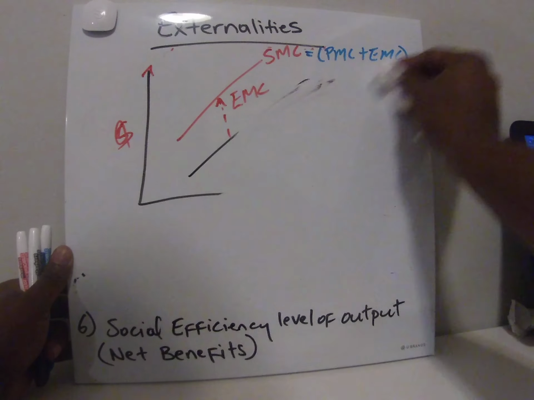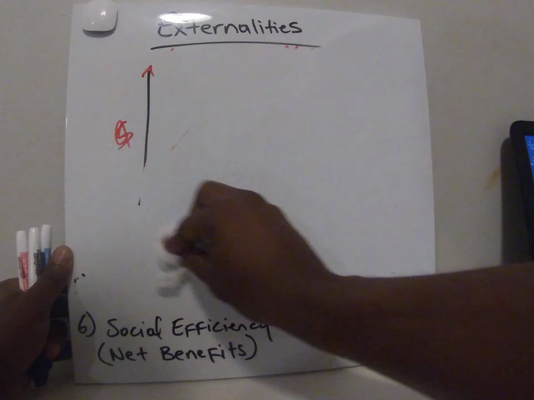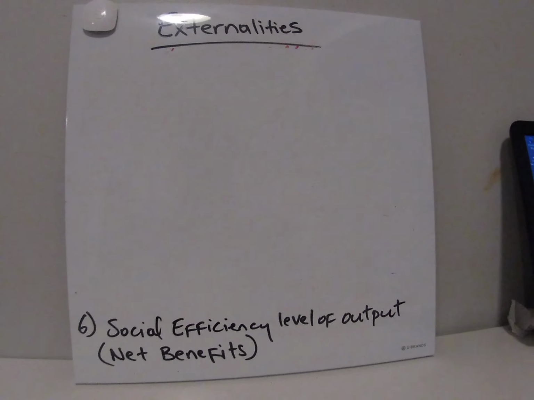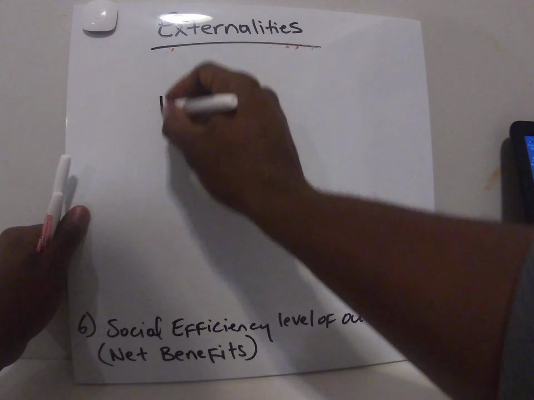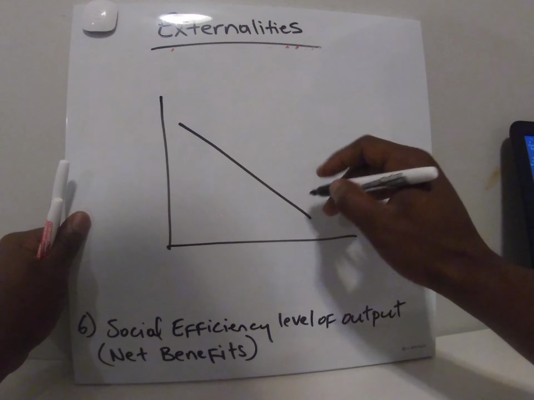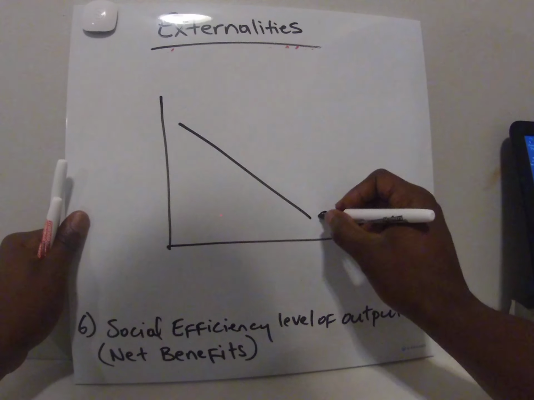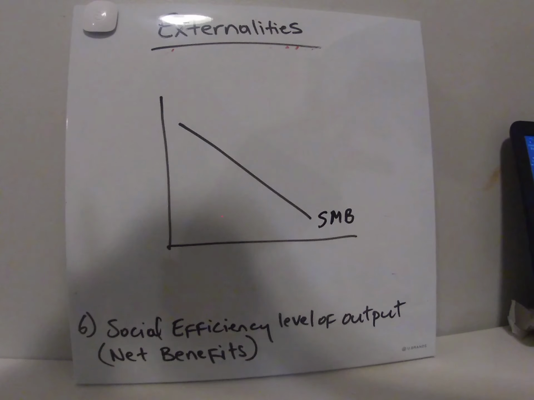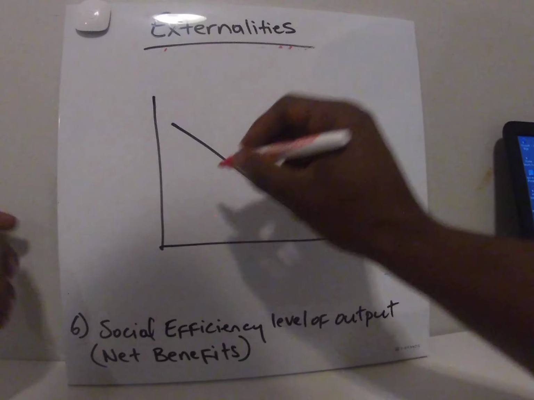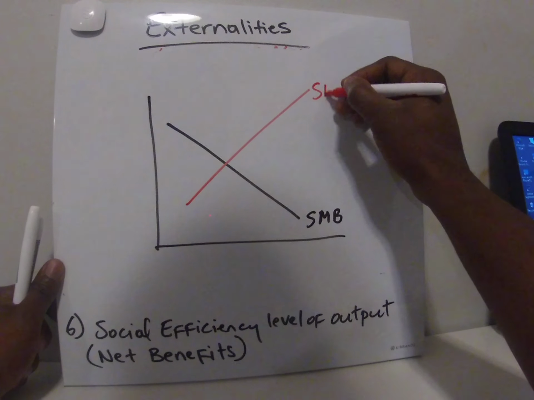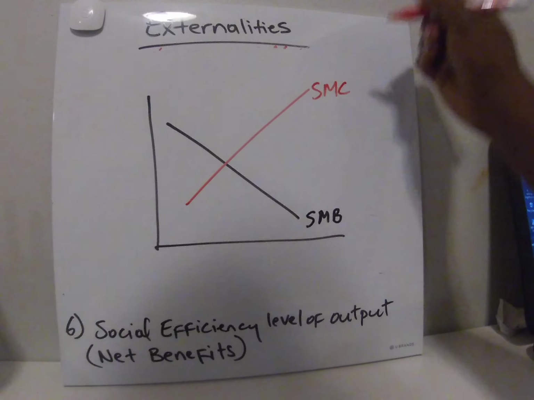All right, let's put these two diagrams together now, the social cost and social benefit, in order to get the social efficiency. So the social efficiency diagram would look something like this. We have our demand curve, which is our what? Demand is our social marginal benefit curve, and then our supply curve, which is our social marginal cost curve.